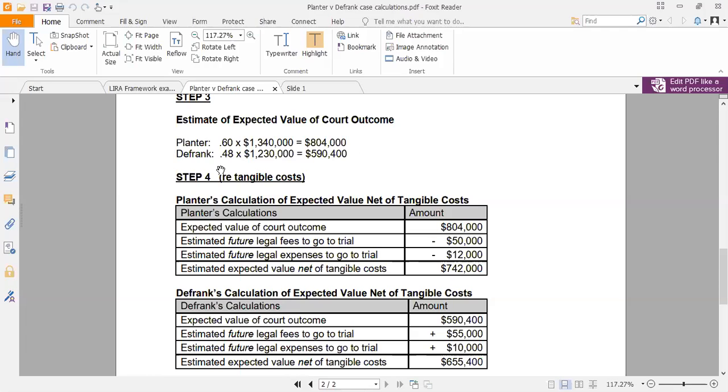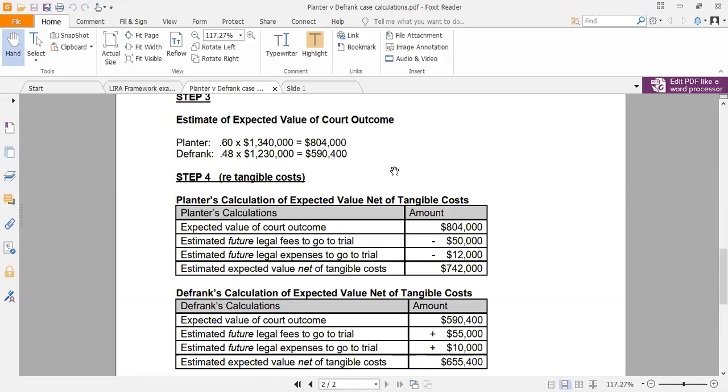By the same token, the defendant makes its estimate of a 48% chance that the plaintiff will win, multiplying by $1.23 million, which is their expectation of what the damages would be if the plaintiff wins, and their net expected court outcome is $590,000.